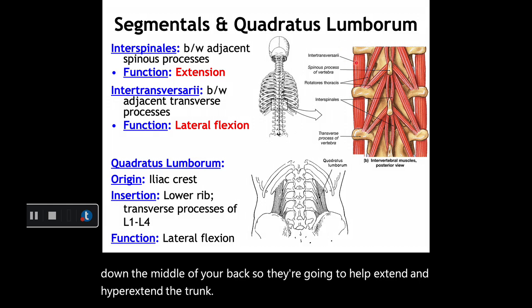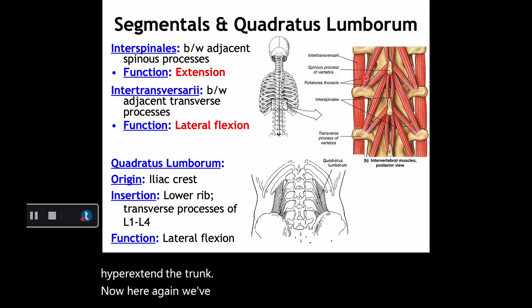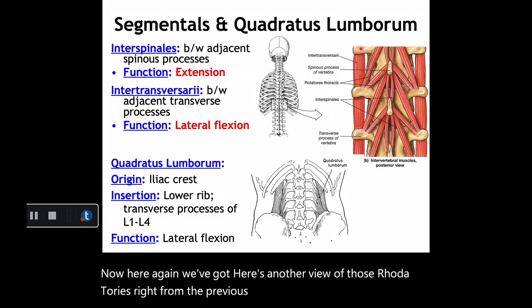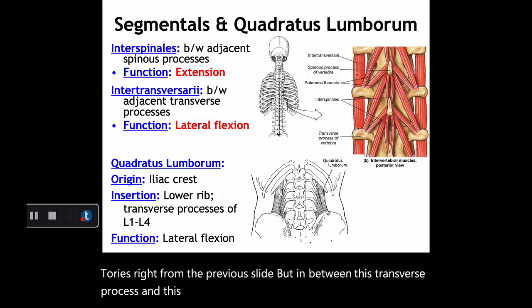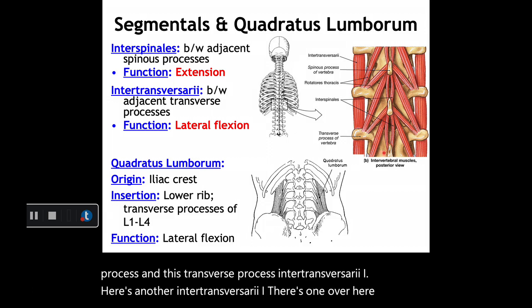Now, here again, here's another view of those rotatories, from the previous slide. But in between this transverse process and this transverse process, well, intertransversarii. Here's another intertransversarii. There's one over here. There's one over here. And here and here.